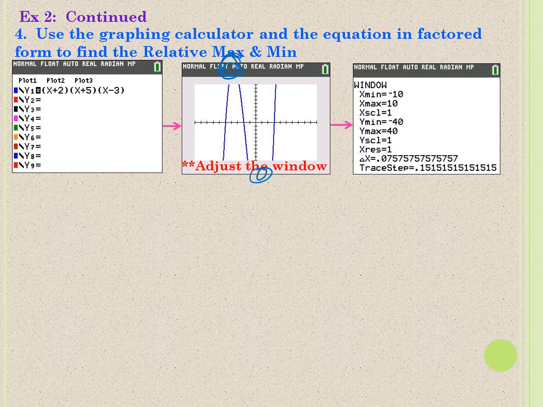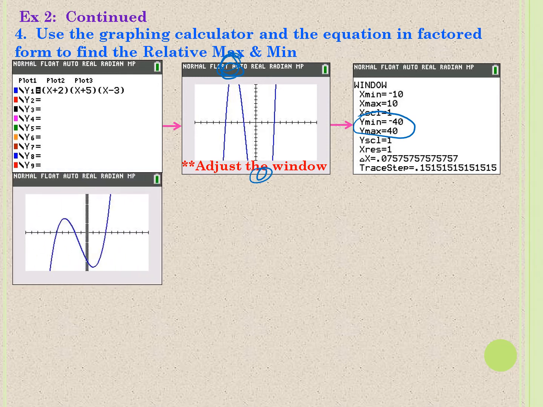Now, this is basically trial and error. I start out with negative 40 for the y min and positive 40 for the y max. Now if that didn't work, then I might try negative 50 and positive 50, or negative 60 and positive 70. Again, it's just trial and error till you get that graph to fit within your window.